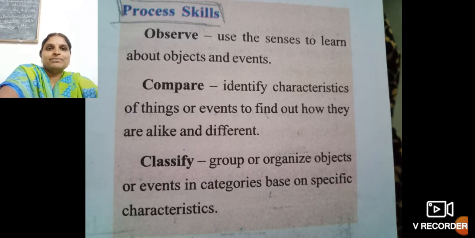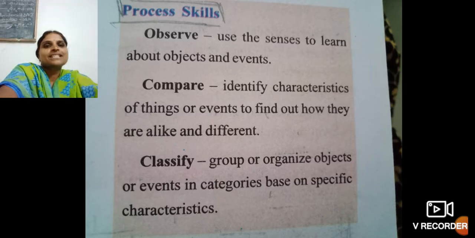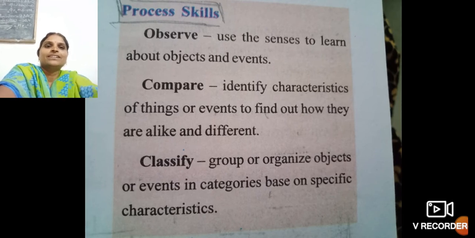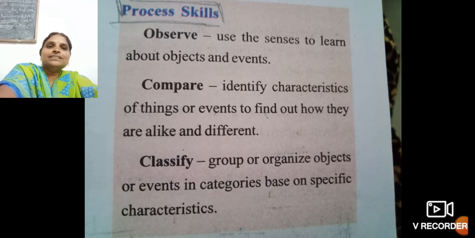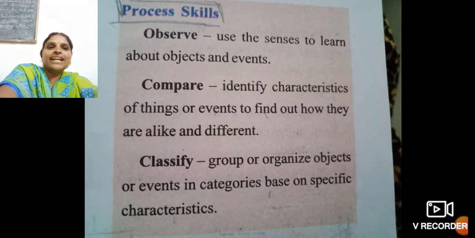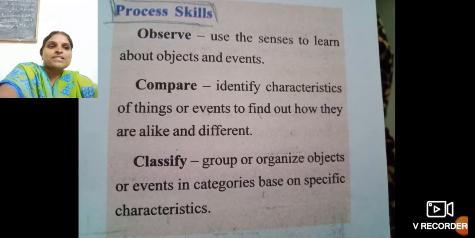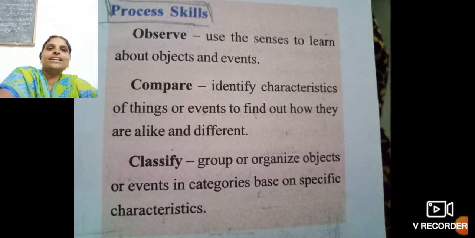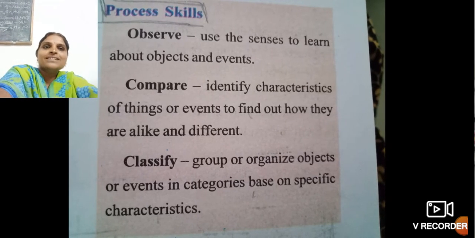Some shells are the same, some are different in sizes and shapes. When he observed, he compared, and he also classified: group or organize objects or events in categories based on specific characteristics. These are the process skills followed by Saket.